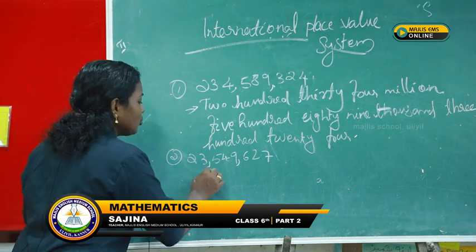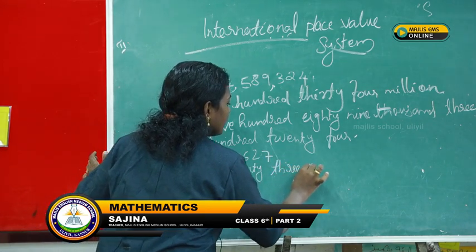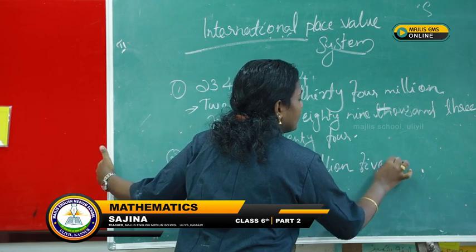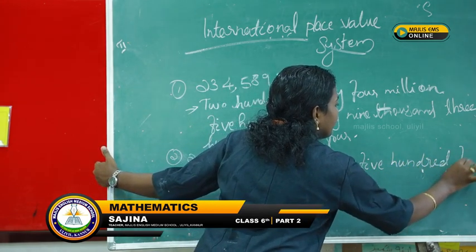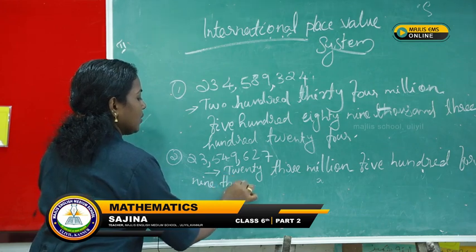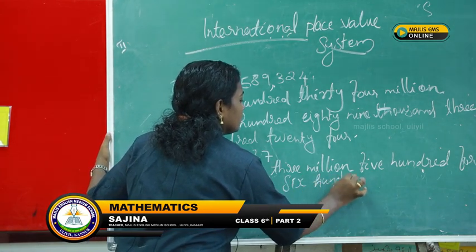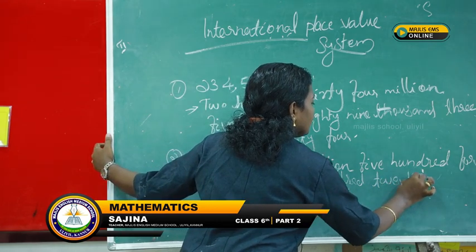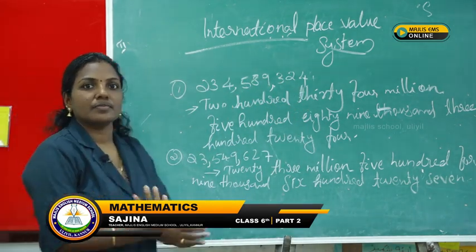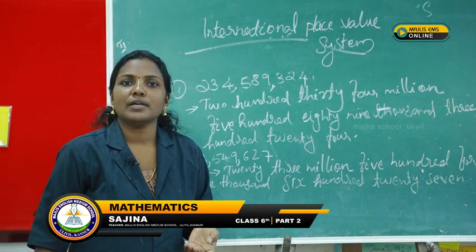Therefore, we read it as 23 million 549,000, 549,627. Okay.